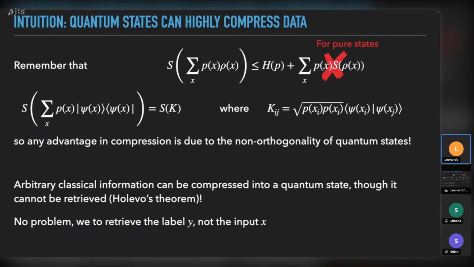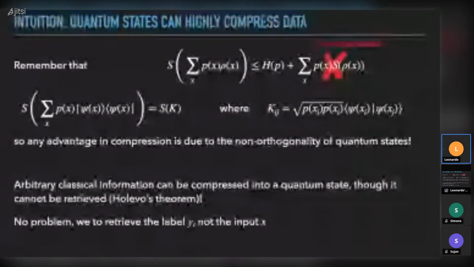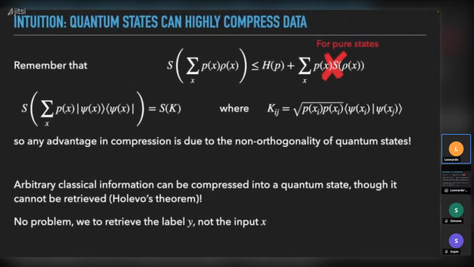So what's the intuition over here? So the intuition here is that if you have a classical probability distribution, like the probability distribution of the cat images, and you encode that distribution with some quantum states, then known inequalities tell you that the von Neumann entropy of this classical mixture is upper bounded by the Shannon entropy of the mixture plus an extra term.